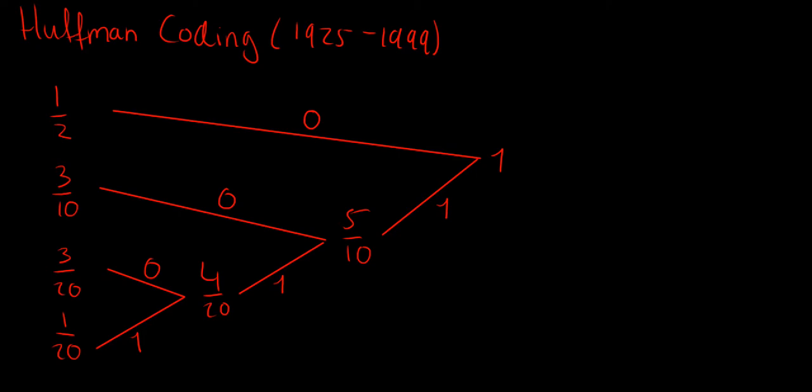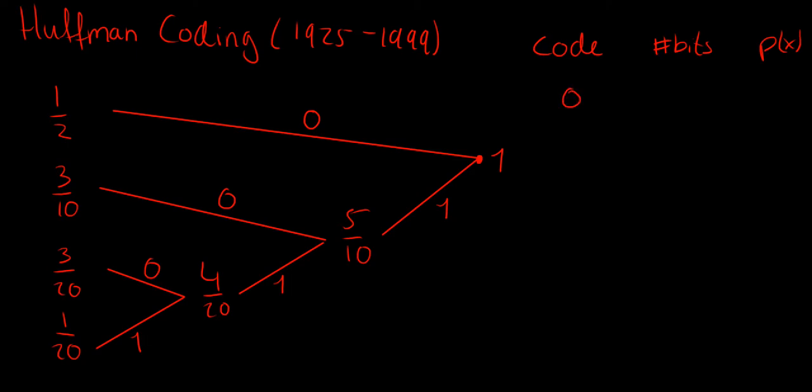Now, we can create our coding by walking from the top of the tree, from this point here, downwards. So let's make a table. We have our code, how many bits are in the code, and the probability that is associated with this code. The first code is just 0.